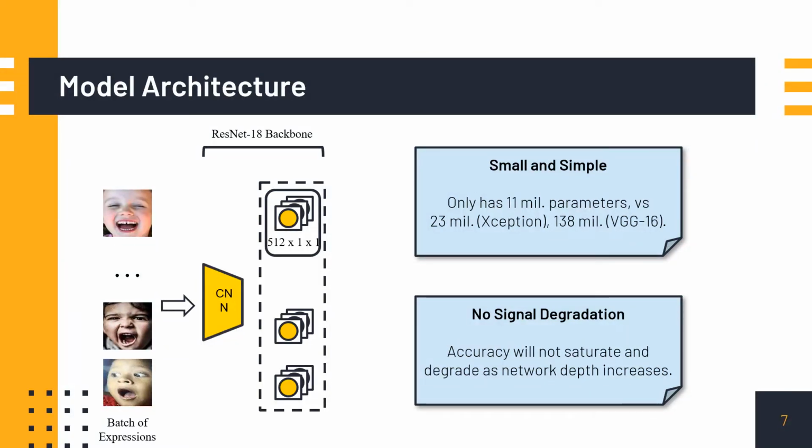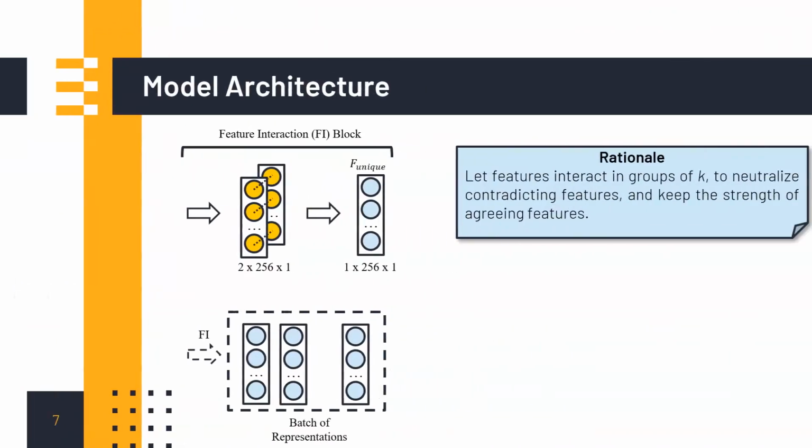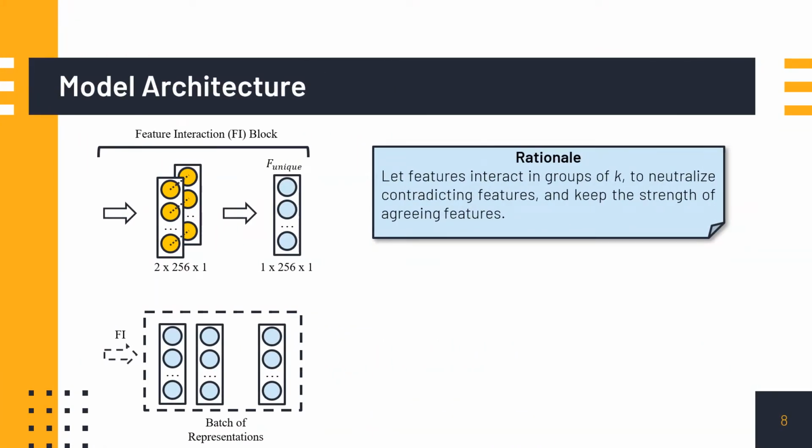Next, we move on to the novel feature interaction block, which is inspired by how CNN abstracts lower-level features into higher-level features. Here, we directly aggregate higher-level abstractions in groups of K, because keep in mind, no feature is dedicated to a single facial expression, but rather, we are looking at the entire set of features to deduce the most likely expression.